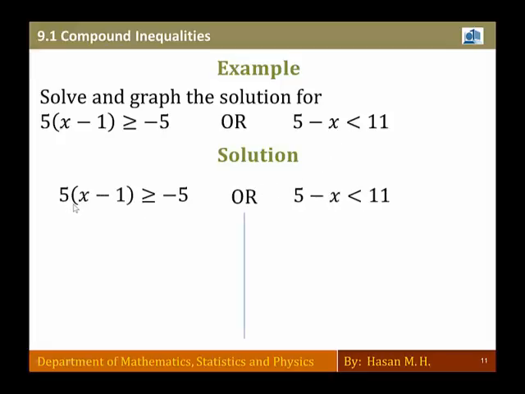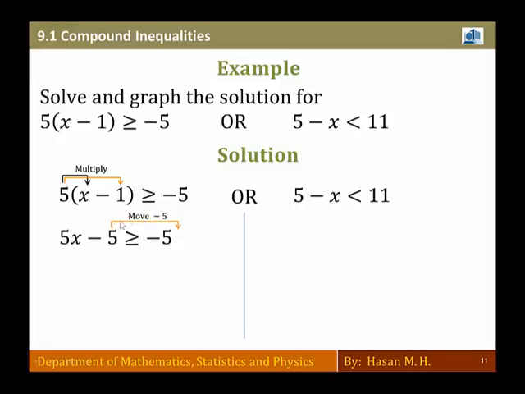For 5 times (x minus 1) greater than or equal to -5, using the distributive property, multiply 5 times x and 5 times -1. We will have 5x minus 5 greater than or equal to -5.